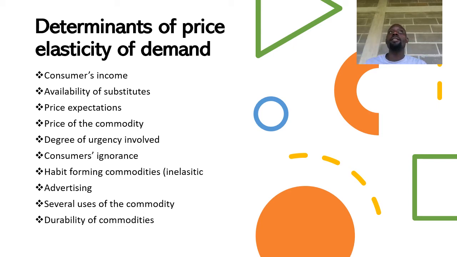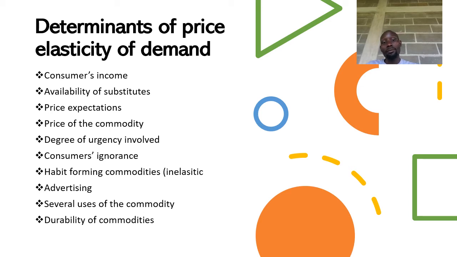Commodities which have several uses tend to be price inelastic as their prices are increasing, because people tend to use them only for useful purposes. Take an example of electricity. We use electricity for several purposes. When it is becoming cheaper, people make use of it for cooking, washing, buying more machines like washing machines, lighting the house, and so on.